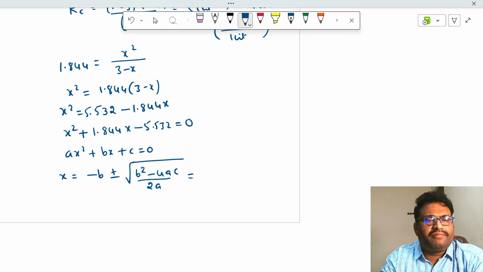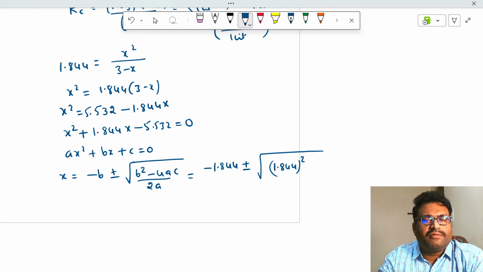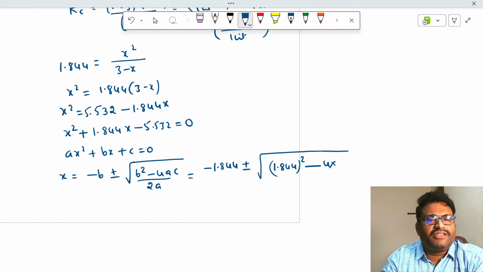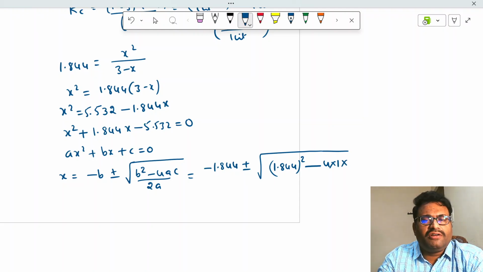Here minus b is minus 1.844, plus or minus root of b square, so 1.844 square minus 4 into a, where a is equal to 1 from this equation, and c is equal to 5.532, by 2 into a, and 2 into a is 2.